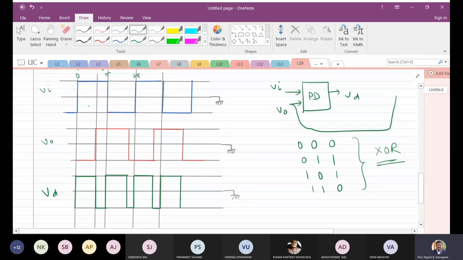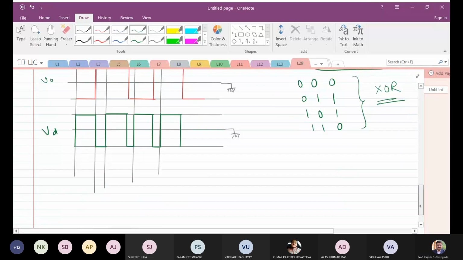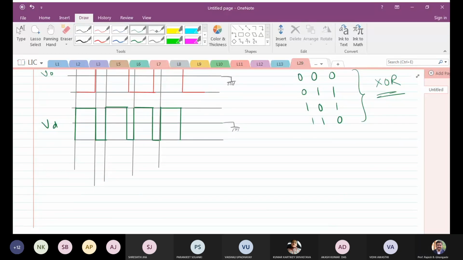Now, how come? Let us say if the phase difference is here, in this case, this is the phase difference phi. Okay, we know that this is your TO, period of the output signal. So naturally, if the phase difference is more or less, this waveform, how will it change? So basically, first of all, let me tell you what kind of signal is generated as the error signal.